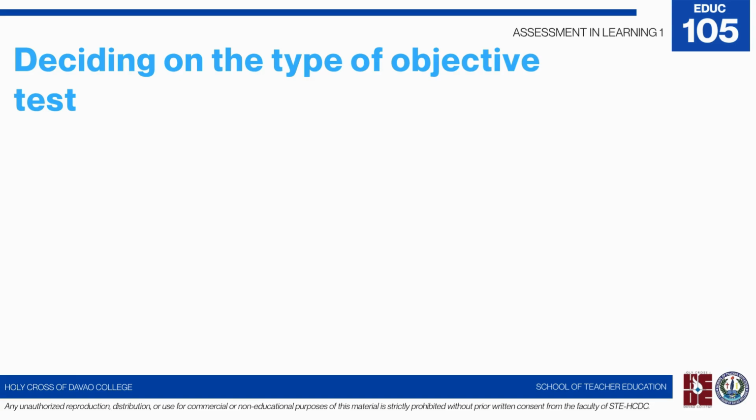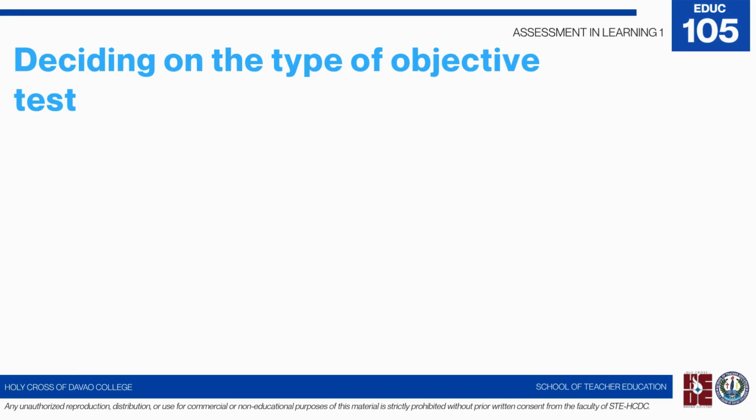So, here we have different levels in the table, and we have the description of cognitive skill we are expecting our students to acquire, and there is a suggested type of test.